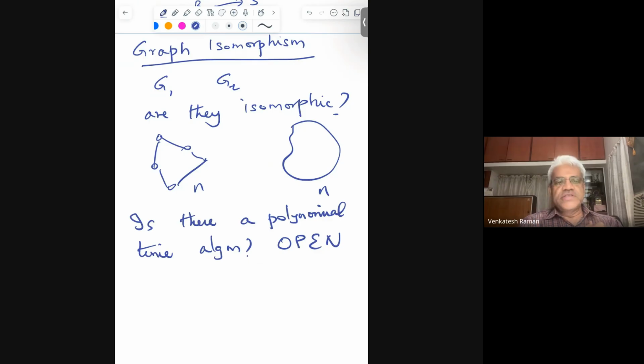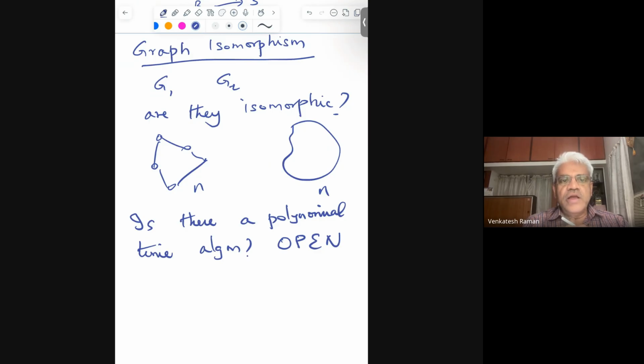People believe it has a polynomial time algorithm. There are very good algorithms, not necessarily polynomial time, but something like n power log n kind of algorithms exist. But the polynomial time algorithm is open, and we don't know whether the problem is NP complete. People believe it is not NP complete. It is actually polynomial time solvable.